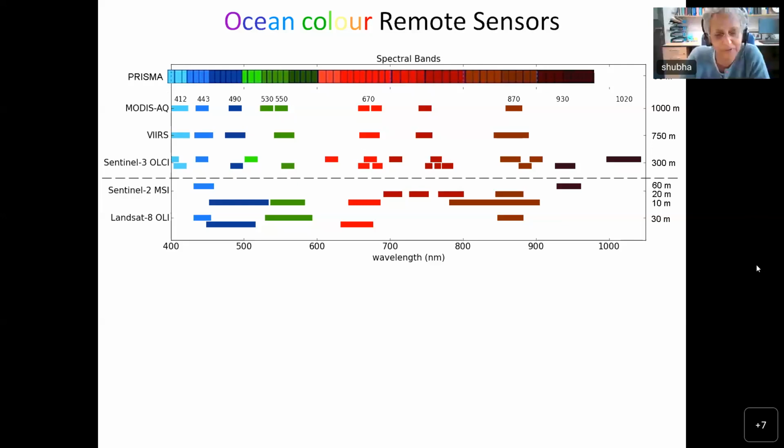If you can't detect it directly, you can try to think of a proxy. And if the proxy is detectable because it is correlated with what you want to detect, you can develop some indirect algorithms to map them, even though the satellite is not directly seeing them.